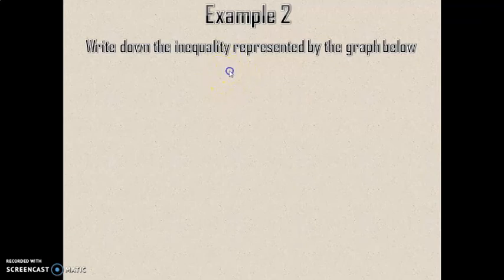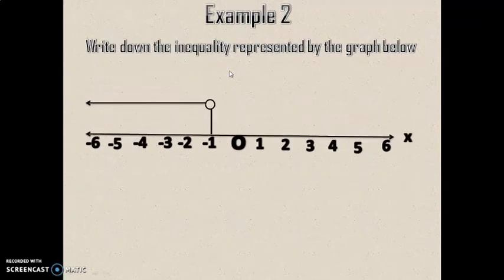This is a basic question. This is the graph. This is the line graph. Okay, study this line graph very well. You have from 1 to 6, and you have from -1 to -6. Then the line is on -1, and you have your arrow towards the left.